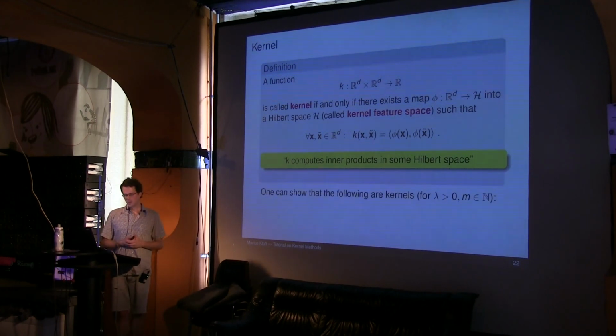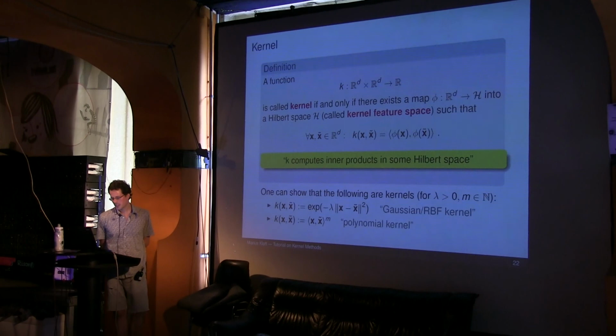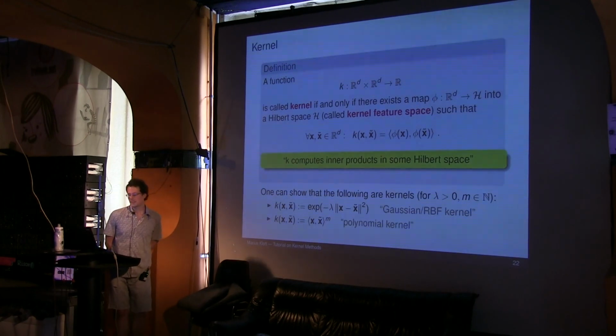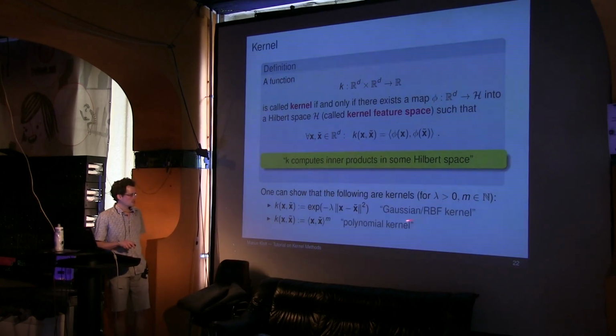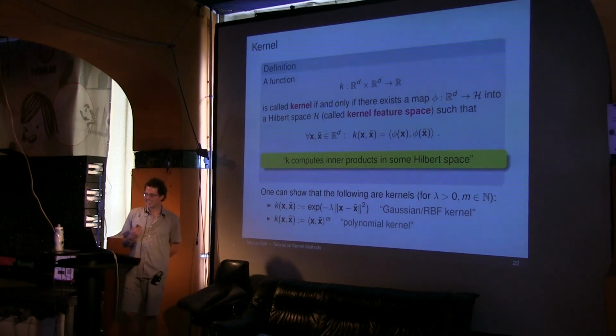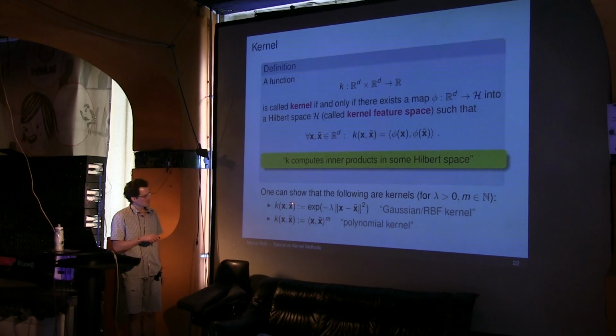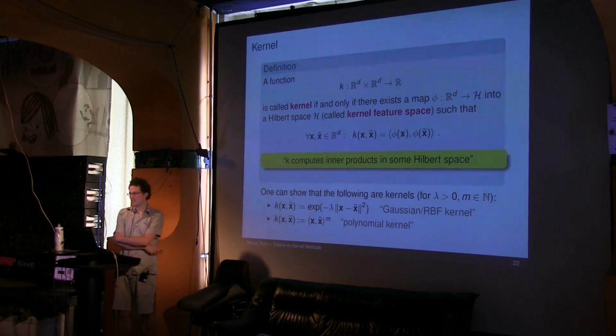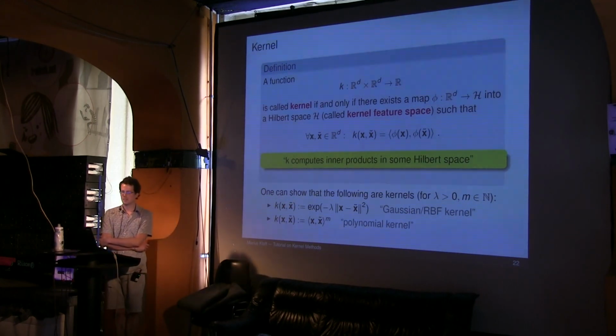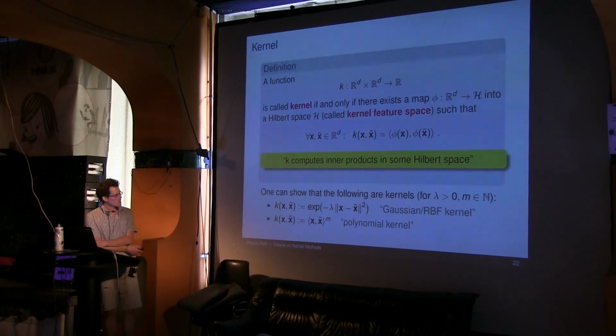In particular, one can show that what you usually would use in the end are the following two kernels. Usually you would use the Gaussian RBF kernel. I would say, in more than 90% of the cases, Shogun users would use Gaussian kernels if they have numerical features. But you could also use the polynomial kernel, and of course that is also implemented in Shogun.